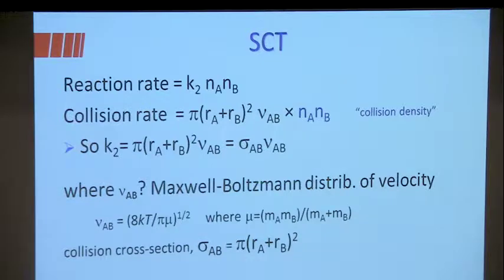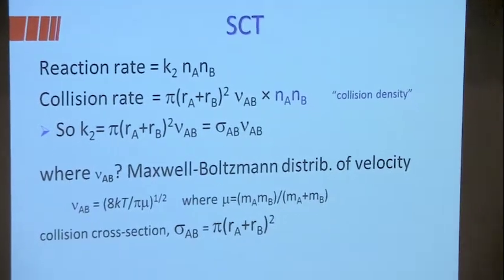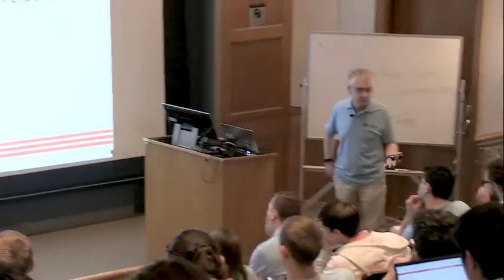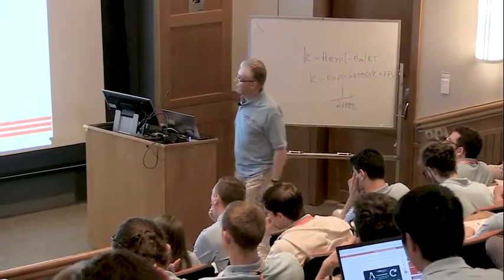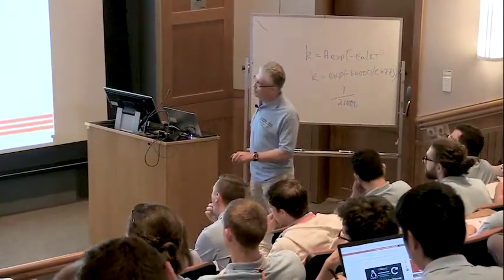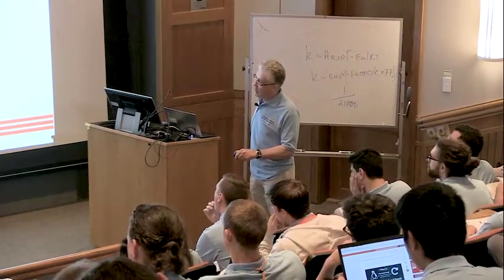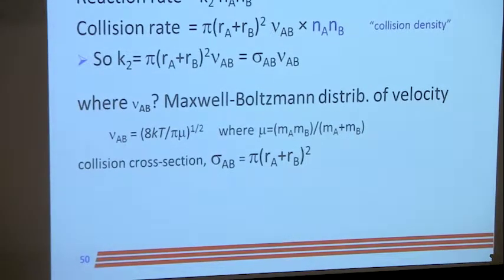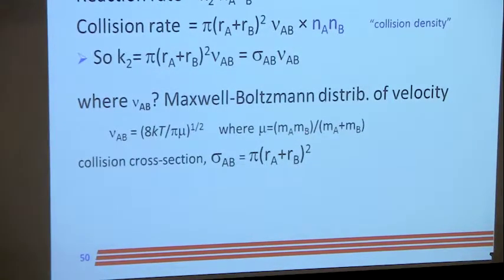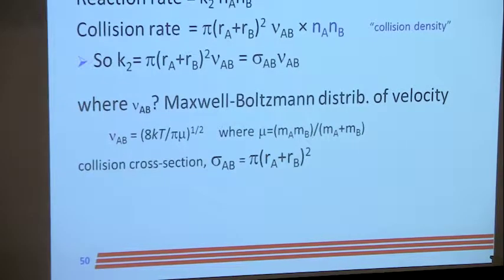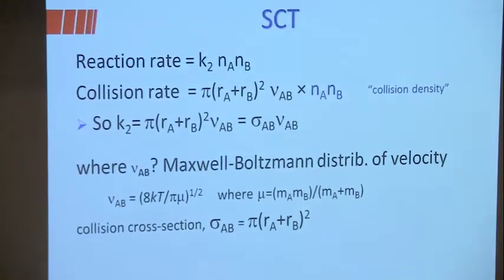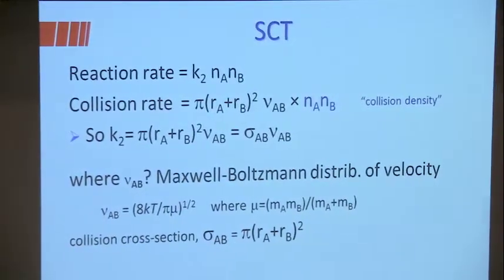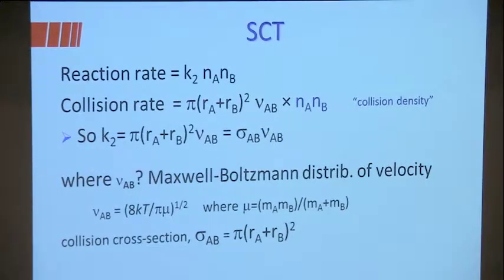If you want to express it on a molar level, you can say it's the square root of 8RT over pi mu. Where we have 8, k is Boltzmann's constant, times T, all over pi times mu, which is the reduced mass. So it's the mass of A times the mass of B, all over the mass of A plus the mass of B. So the cross-section, sigma AB, is pi (RA plus RB) squared.